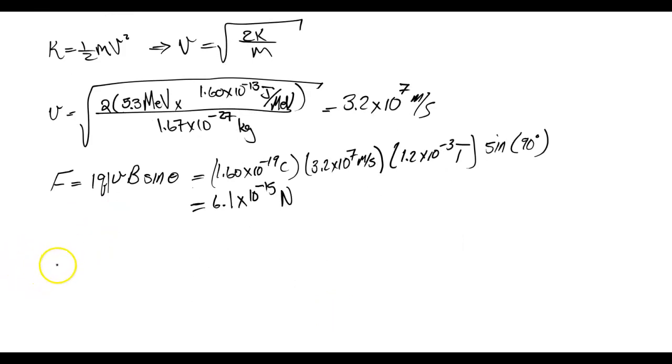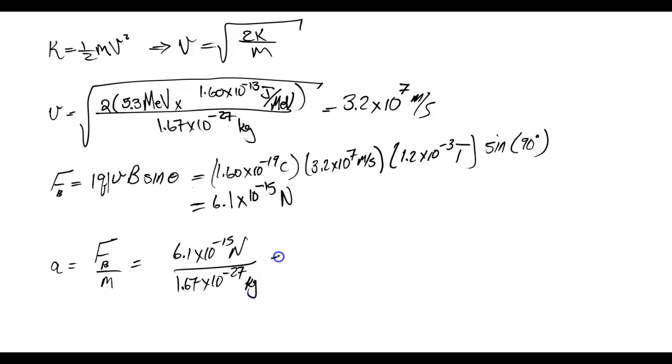And furthermore, we can find the acceleration if we want. This is the magnetic force over the mass, which is 6.1 times 10 to the negative 15 newtons over the mass of 1.67 times 10 to the negative 27th kilogram.